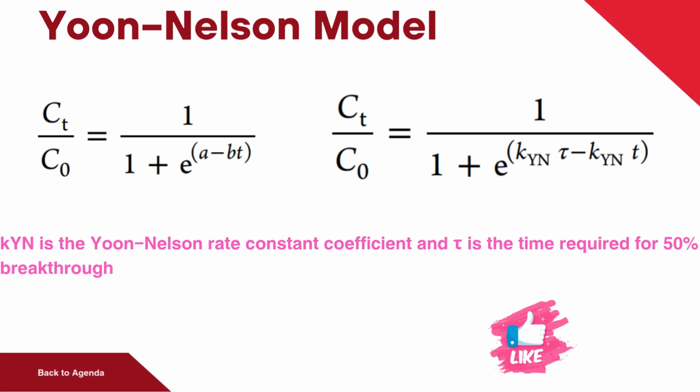Then the Yoon-Nelson model. If you compare the Yoon-Nelson nonlinear model with this equation, and take k_YN common, then you can get tau minus t. So in this case, A equals tau and B equals 1.